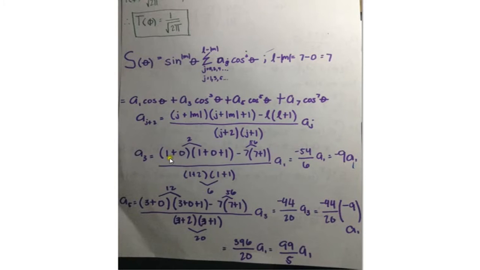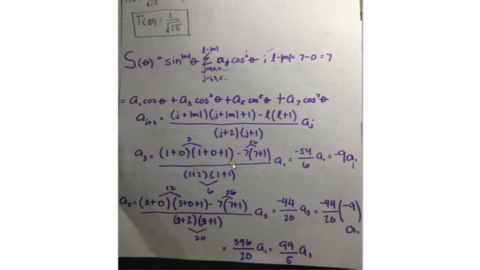So substituting the value of j, which is 1, then m is equal to 0, multiplied by 1 plus 0 plus 1, which is j plus m plus 1, which is 2. 2 times 1 is 2, minus 7 times 7 plus 1, which is 8, which is 56, over 1 plus 2, since our j is equal to 1, which is 3, then 1 plus 1 is equal to 2. 3 times 2 is 6.